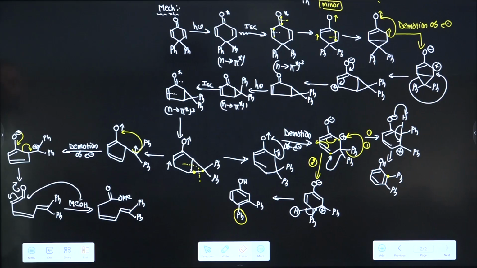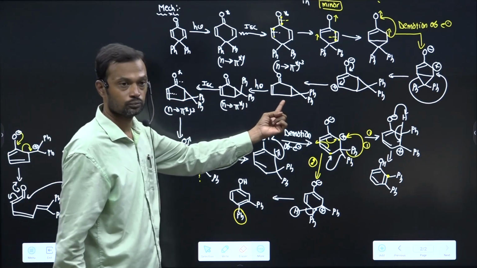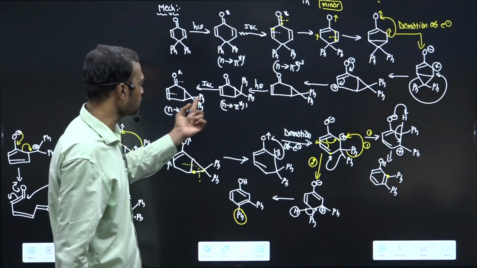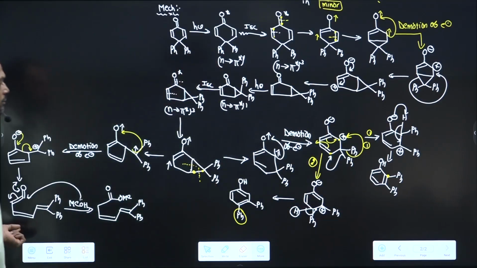Write down clearly. Your target is this one, lumiketone. After getting lumiketone, then one more time photochemically activated, you will get two directions. This is major direction and this is minor direction.